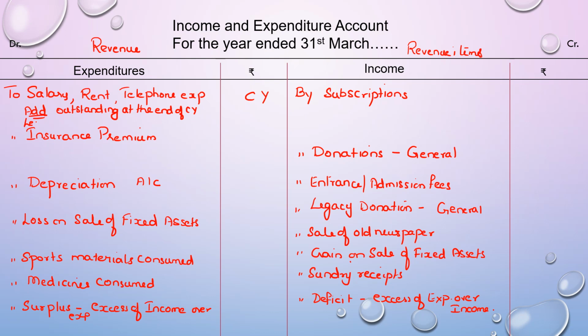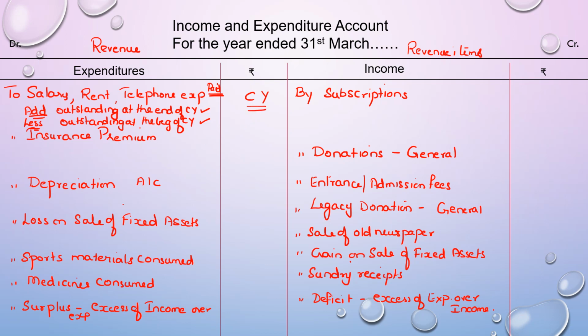So we subtract the outstanding at the beginning of the current year from the paid amount to arrive at the expense of the current year. So we start with the paid amount and we adjust it for the outstanding at the end by including it and subtracting whatever was outstanding at the beginning to arrive at the current year expense.